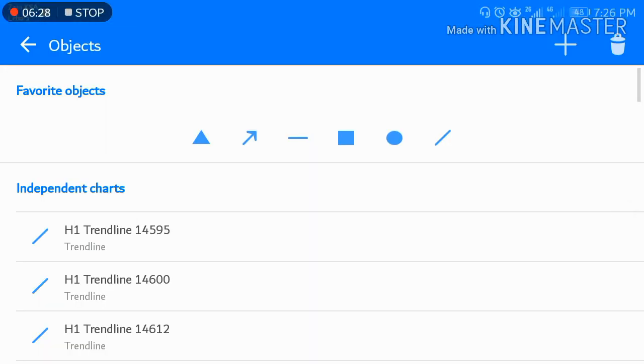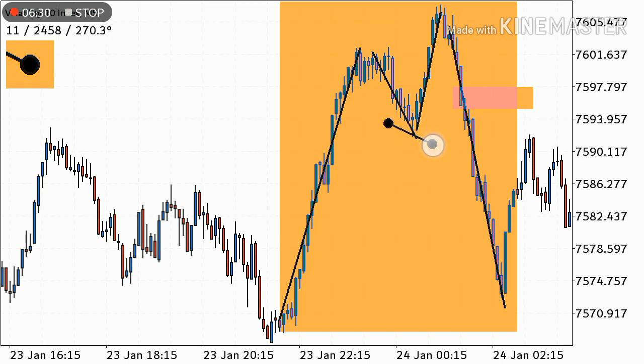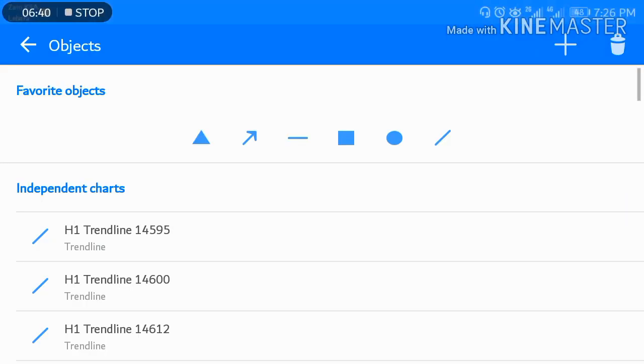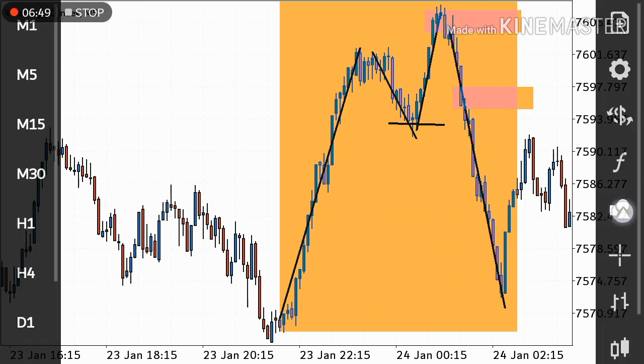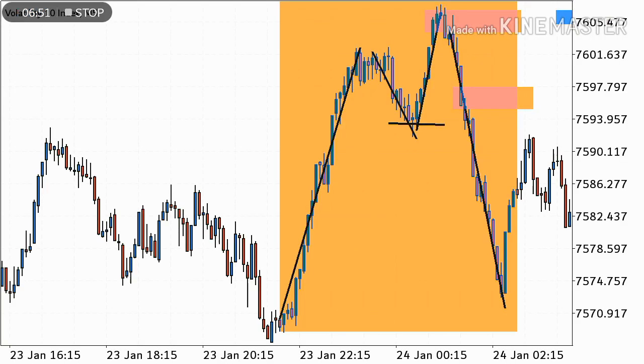This point is the neckline. We will place the trade from this point, and our SL will be here, at the start of this leg. And our take profit will be the same as the previous leg measurement.